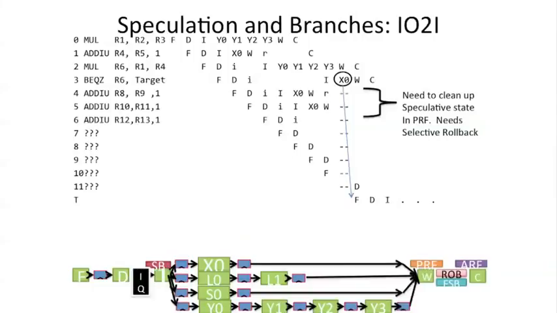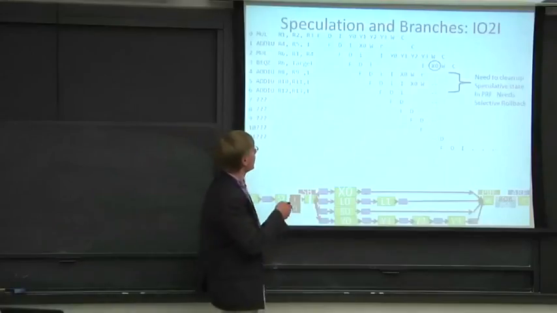OK, so this takes us to our pinnacle pipeline that we had last time. In-order fetch, out-of-order issue, out-of-order execute and write back, and in-order commit. And let's take a look at this. There's sort of 2 competing questions here that we have to think about.